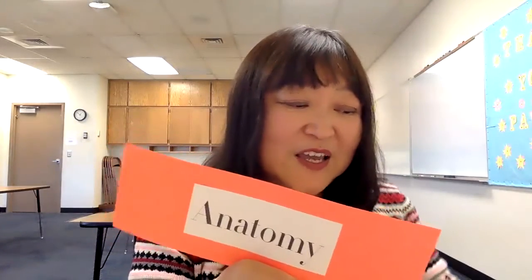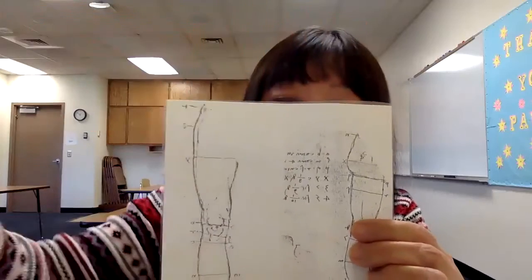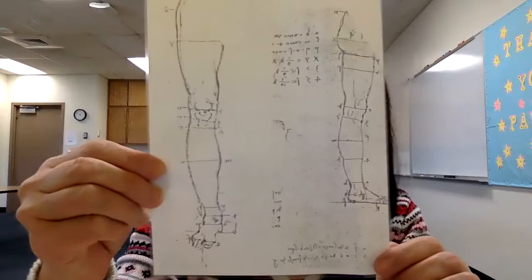All right. Now, with those examples, let me tell you about the challenges you can do. First, the anatomy challenge. I put this sign, and this is Leonardo da Vinci's example. It looks like a sketch of legs and feet.